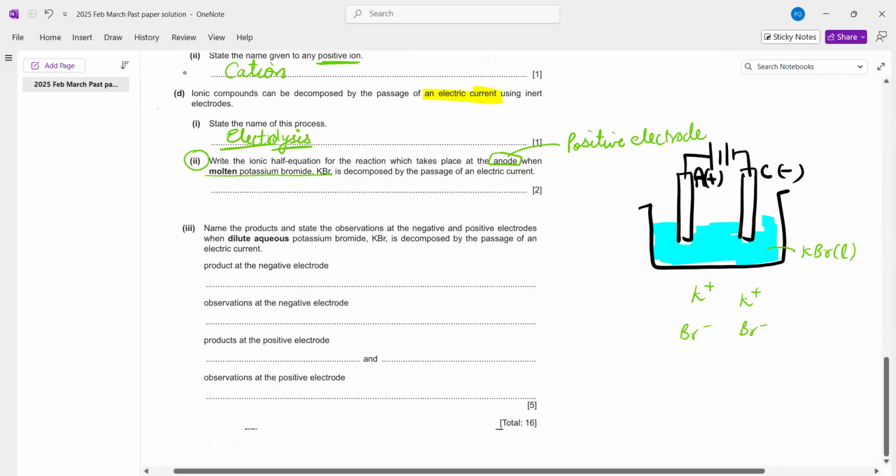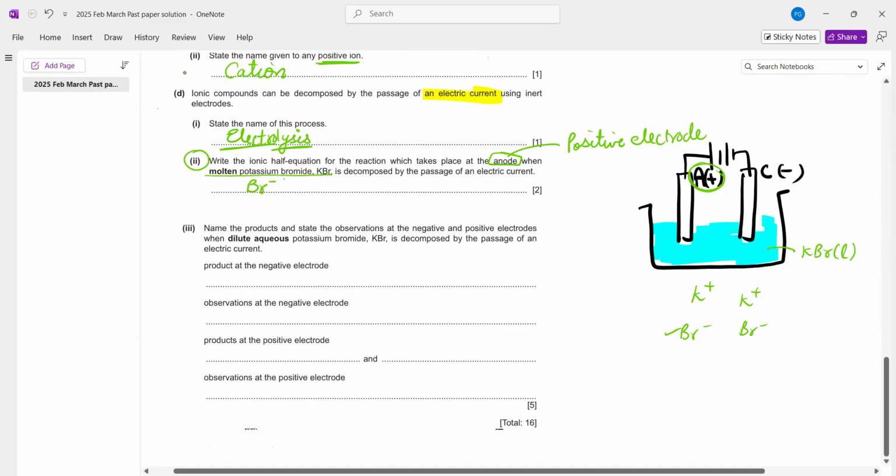A lot of K+ and Br- will be there. At the anode, let's focus on the anode. Now, tell me which ion will go to the anode. Anode is positively charged. So definitely Br- is going to go there. So we'll start our half equation with Br-.